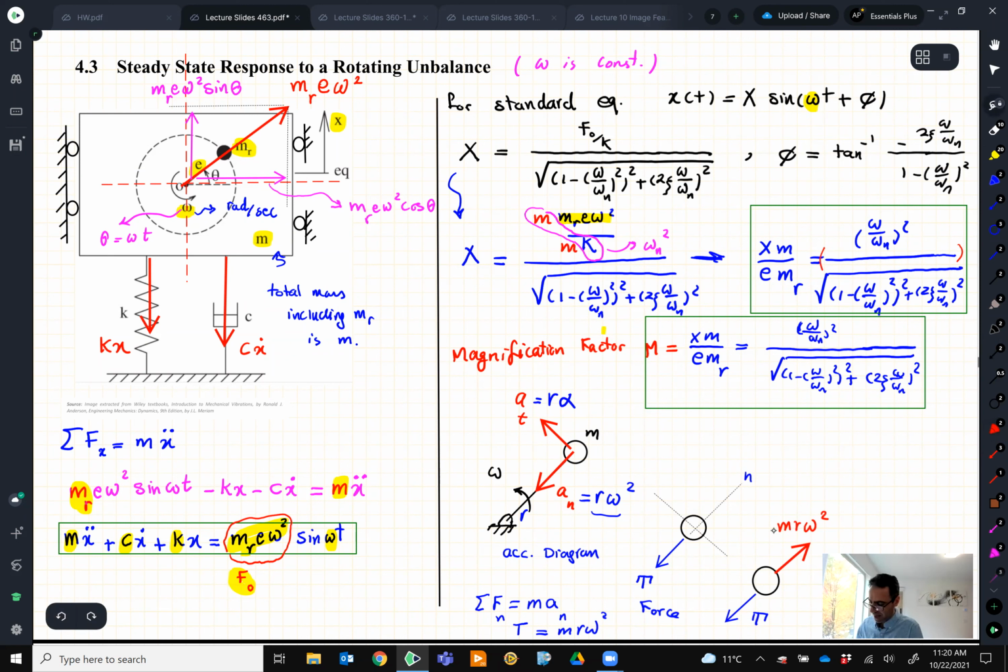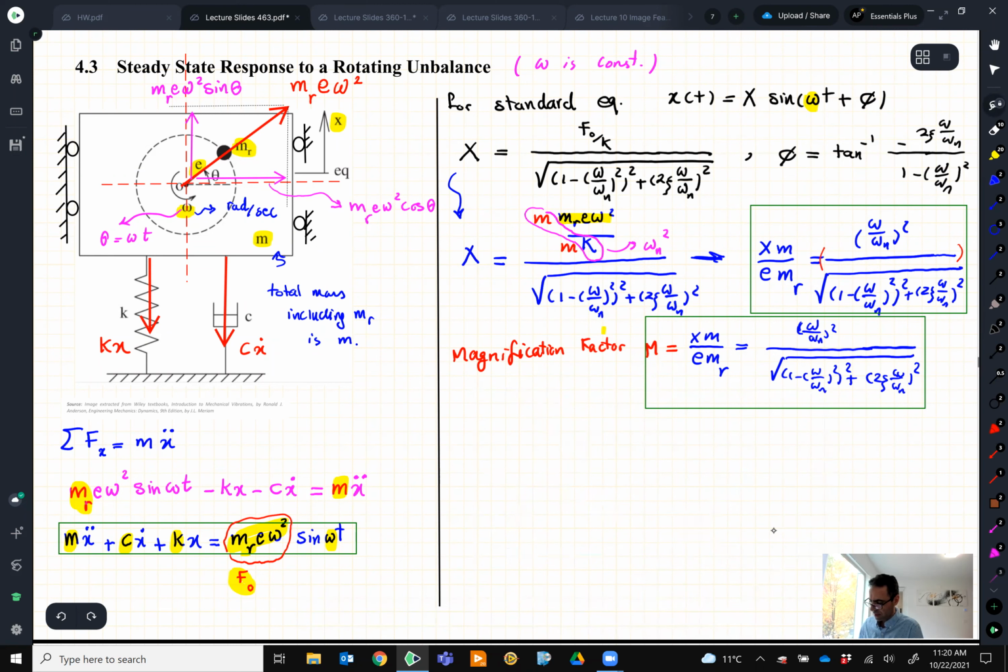Now let's return to the vibration stuff. In vibration, you always look at the centrifugal force, and that acts as an external load for you. So let's attempt to draw this magnification factor M quickly.